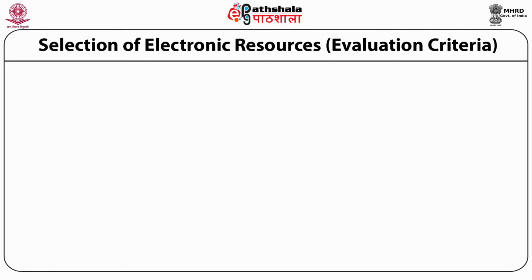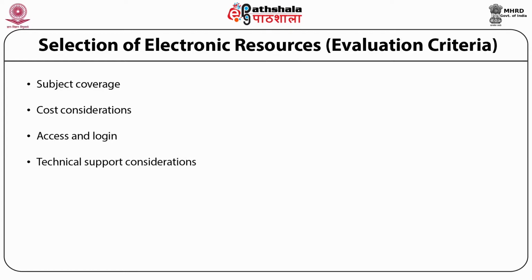Another very useful aspect is the selection of electronic resources: subject coverage to be kept in mind, cost considerations, access and login aspects, technical support considerations, and of course the legal issues.